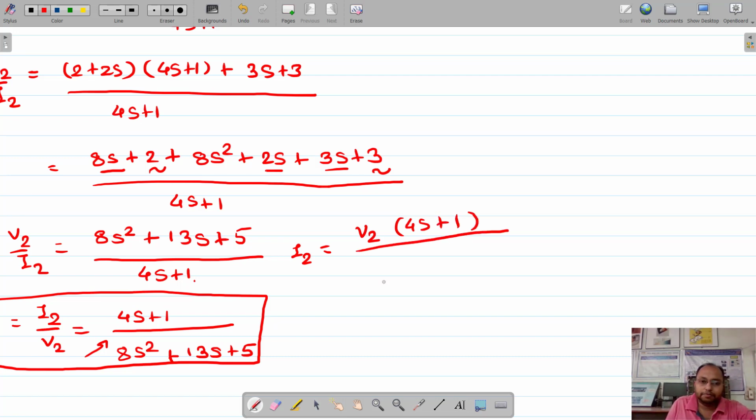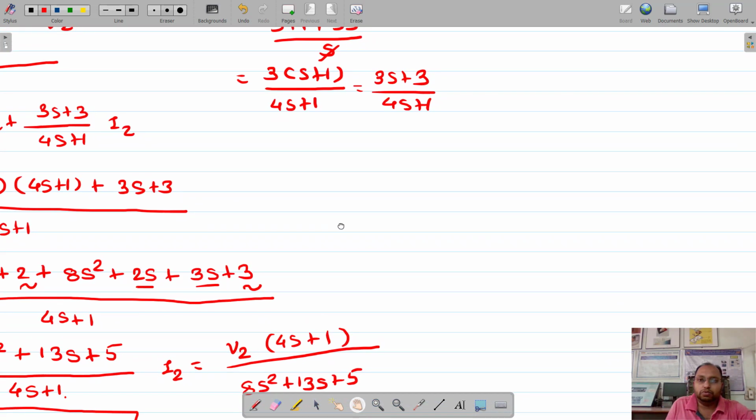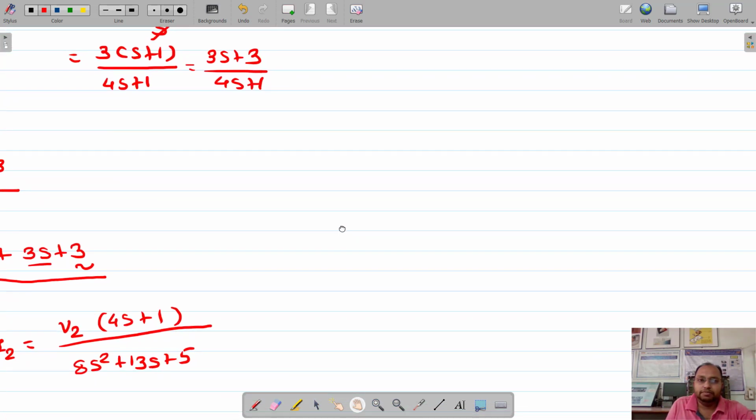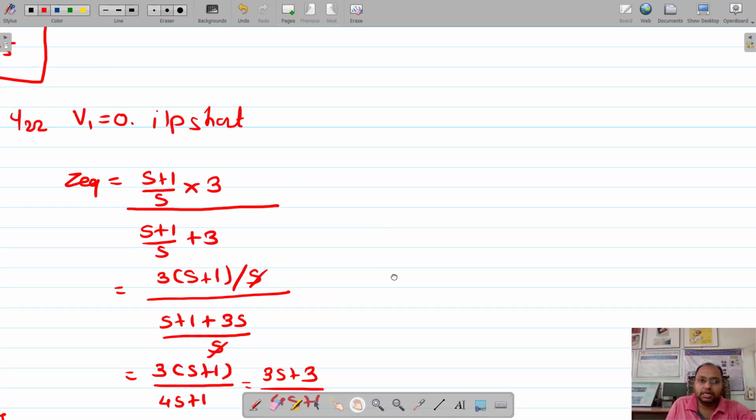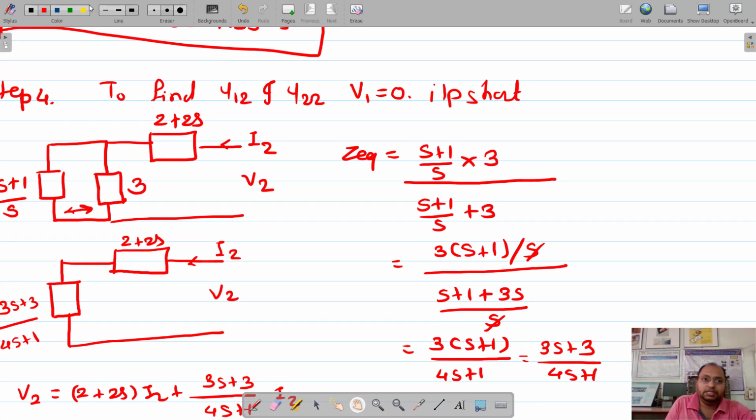Okay, so therefore this is my I2, and now I am going to put this I2 in the current division rule. Okay, so let us apply the current division rule. Okay, now recall this circuit. Okay, so we are interested to find out this now. I1, yes, and that is nothing but your minus I1.